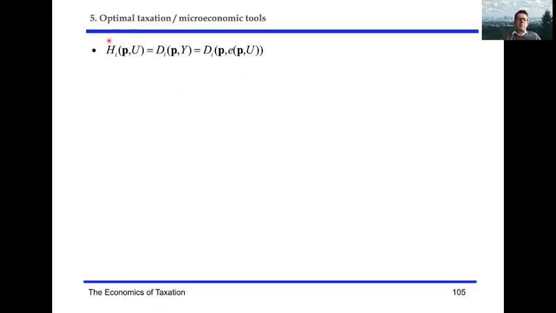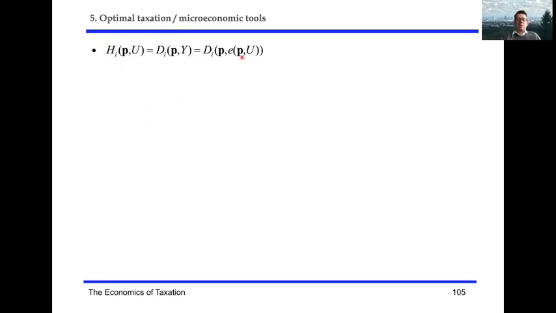So here we have set the Hicksian or compensated demand equal to the Marshallian demand. And how do we do that? Well, we choose y in such a way that it's just enough to afford the utility level U that we have in the compensated demand.